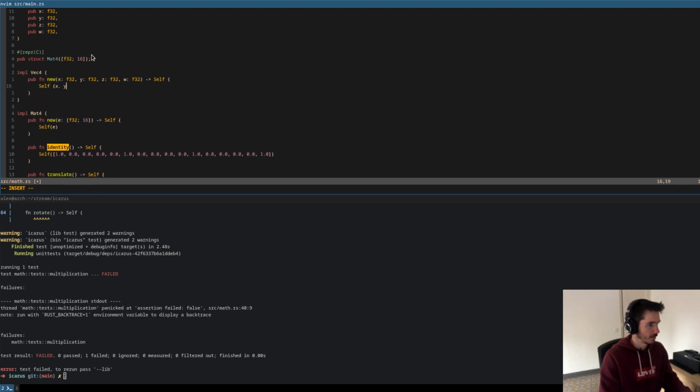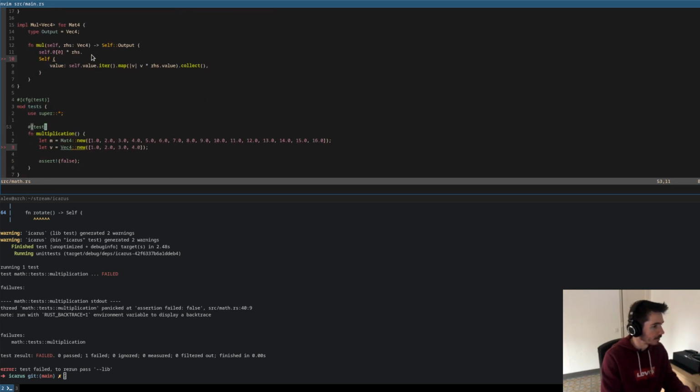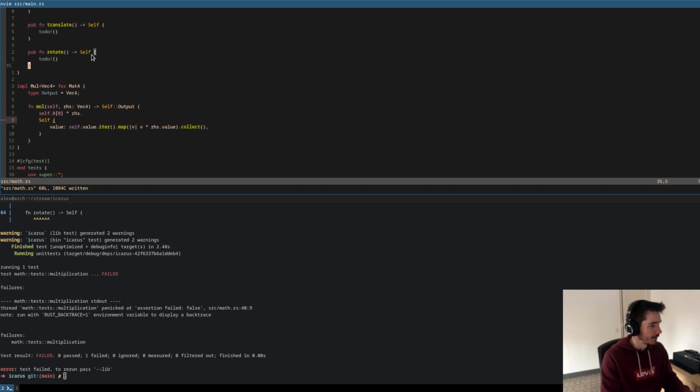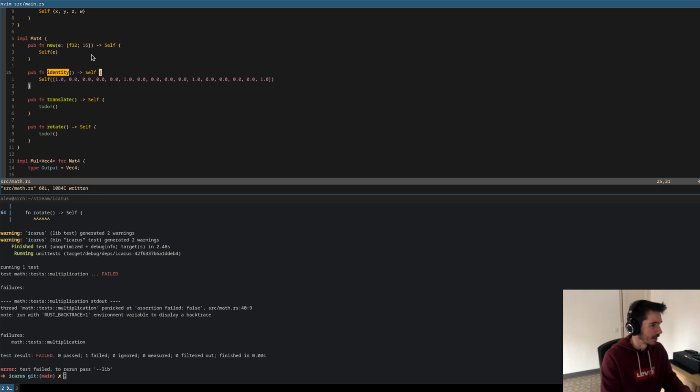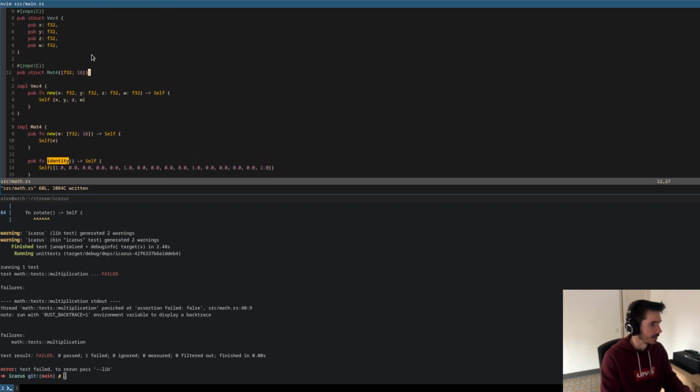Self x, y, z, w. And we need to change our test to take that into account. We just need to get rid of these square brackets. That should work. For the matrix, we'll keep it as an array for now.